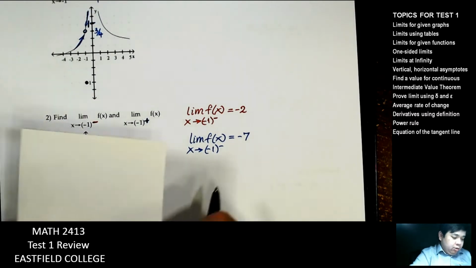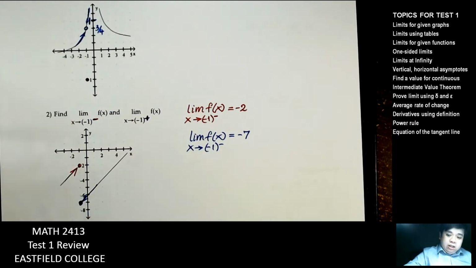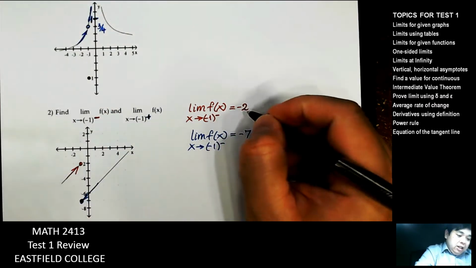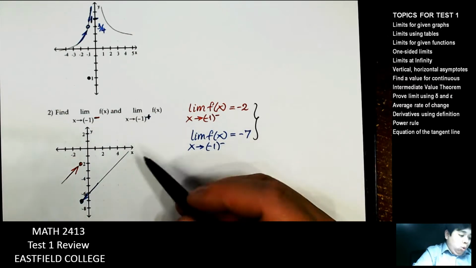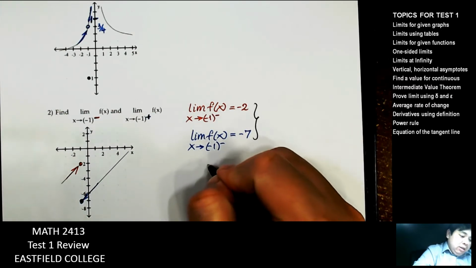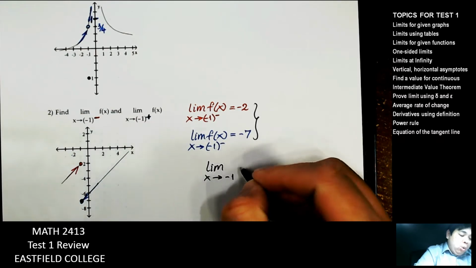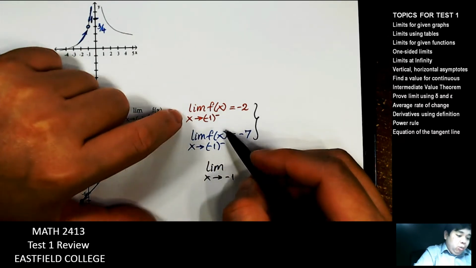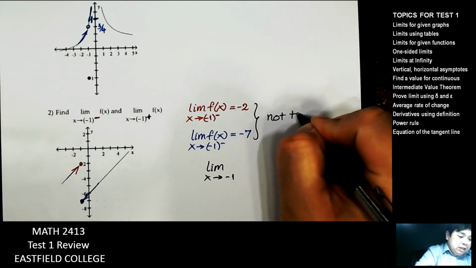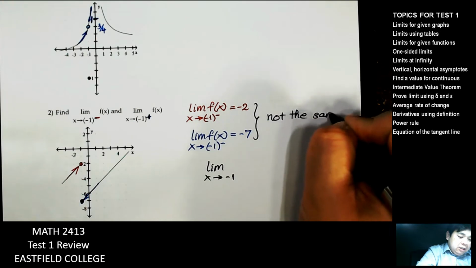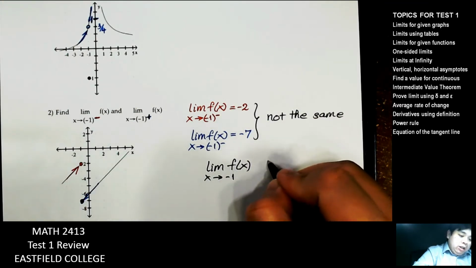Right, so that from the left and that from the right, and we see that these values are not the same. So although the question did not ask us to find it, we'll say the limit where x goes to -1 without the plus or the minus, meaning it goes from both sides, because they're not the same, the limit of the function when x goes to -1 does not exist.